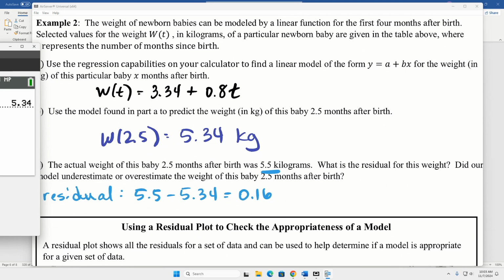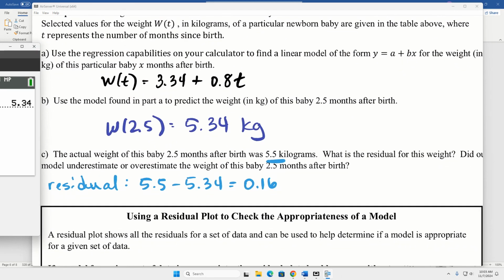All right. And then did our model underestimate or overestimate the weight? What do you guys think? Under. The model predicted something lighter than what the baby actually weighed. Now that's obvious when you look at the values.